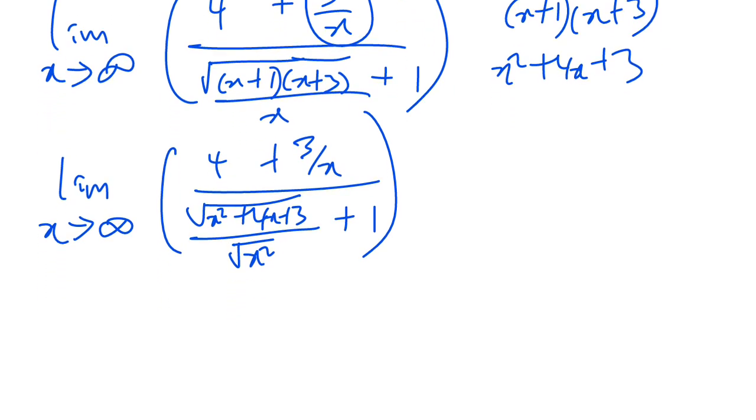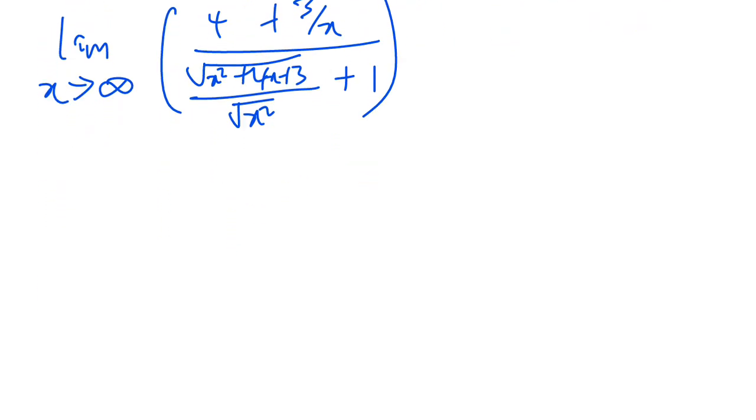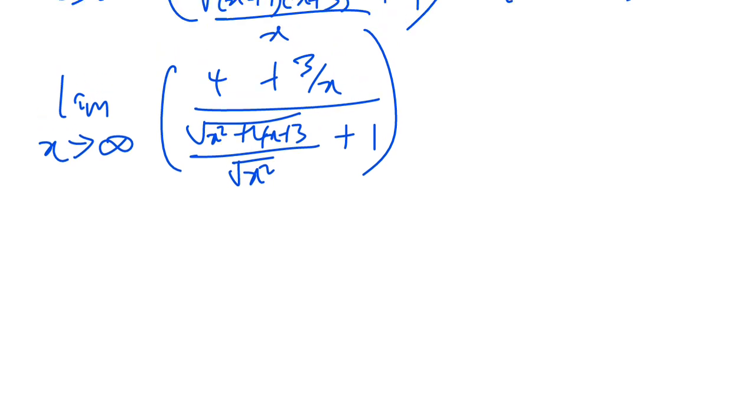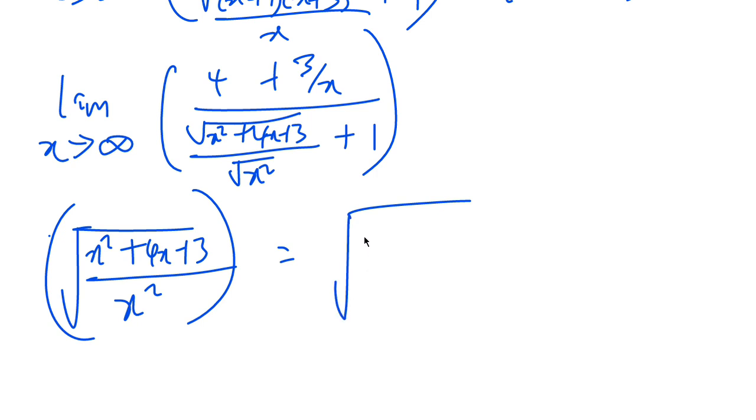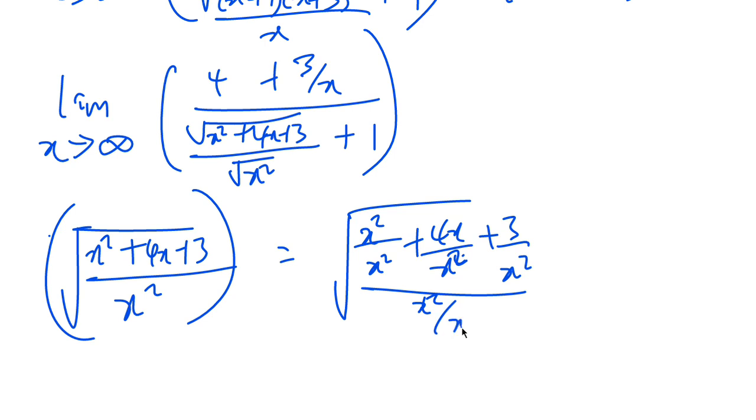Then we simplify as the square root of x squared plus 4x plus 3 all over x squared. To find the limit of this, we divide each term by x squared, because that's the highest power. That's x squared over x squared plus 4x over x squared plus 3 over x squared, all over x squared over x squared.